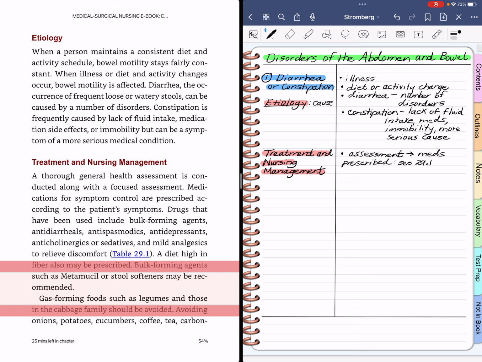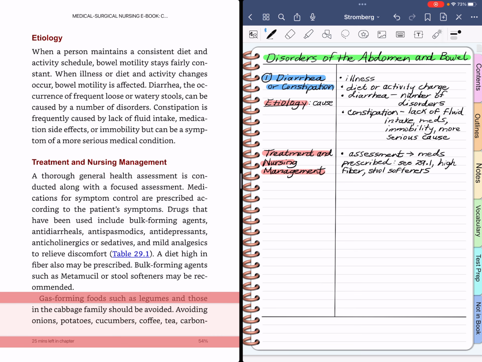And then I'm also going to list high fiber diet. Now, I would imagine that would be for constipation. Stool softeners. So I'm just sort of summing up that section in my own words.